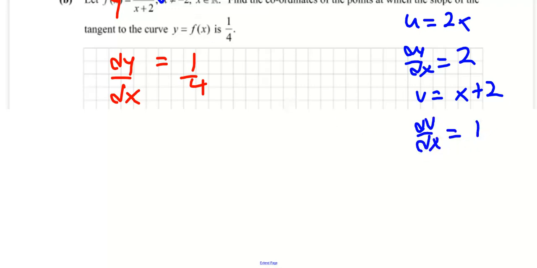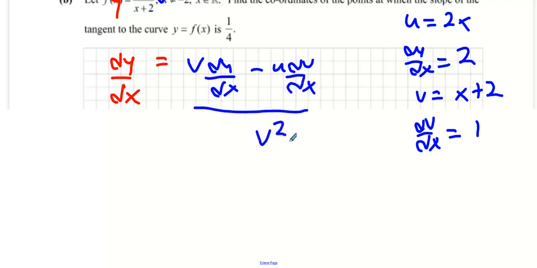We all good? Now we're going to do the quotient rule. It's in your, what page of your notes? Okay, and I'm hoping this is feeling a bit repetitive for you at this stage. That's the hope.